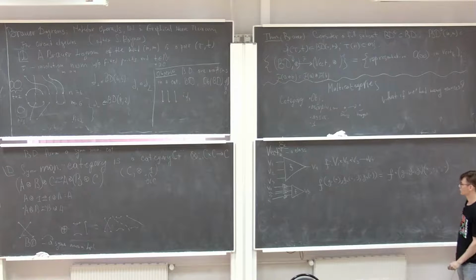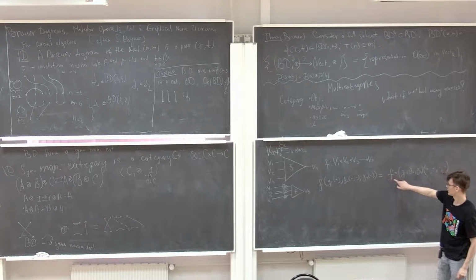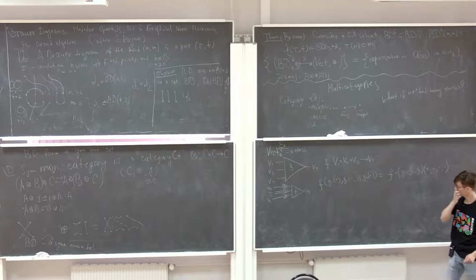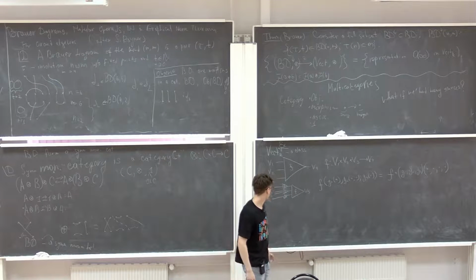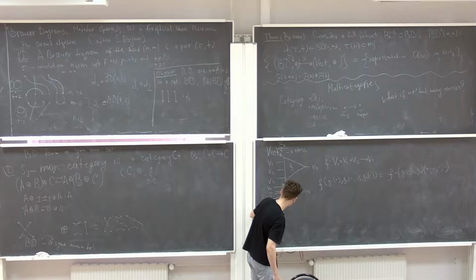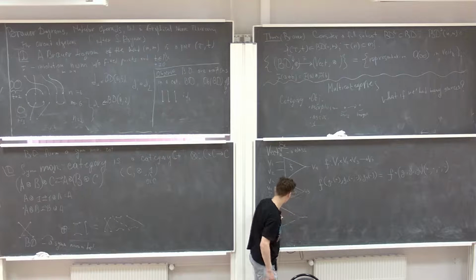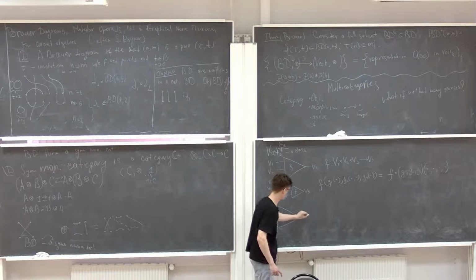So imagine we are talking about multilinear maps F and G. So there certainly exists some composition, and we can now draw it in a more convenient way: F circle G1, G2, G3, V1, V2, V3, V4, and V5.